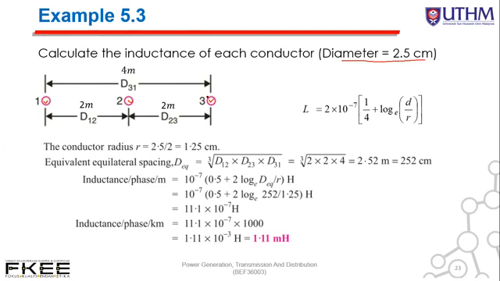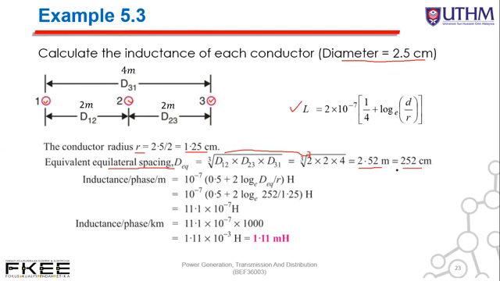Because the diameter given is 2.5, we can calculate the radius of the conductor, 2.5 divided by 2, so we got 1.25 centimeter. That is the conductor radius. We can use the same formula to calculate the inductance. Basically we calculate the equivalent equilateral spacing, DEQ. We convert the values of D12, D23 and D31, and we got 2.52 meter, that is 252 centimeter.